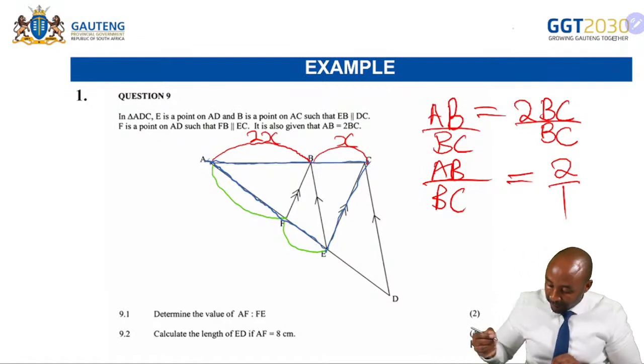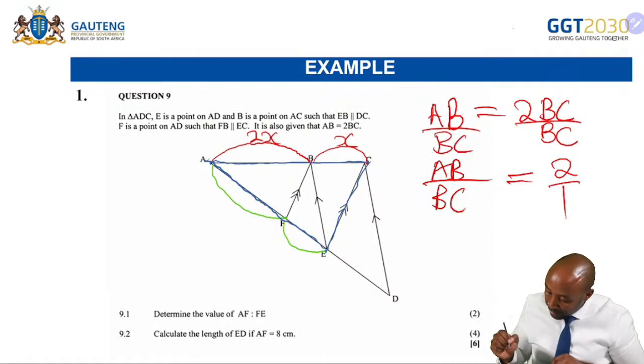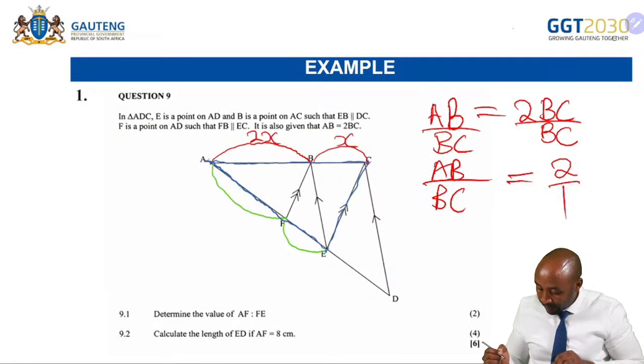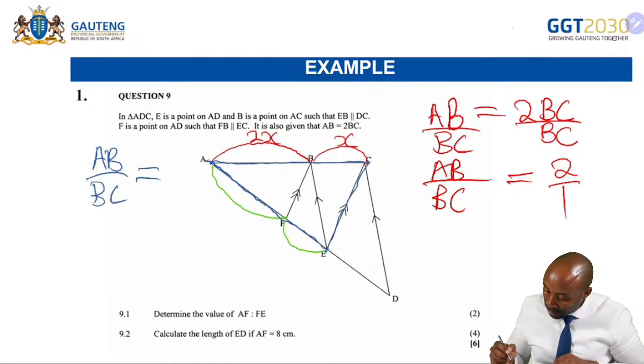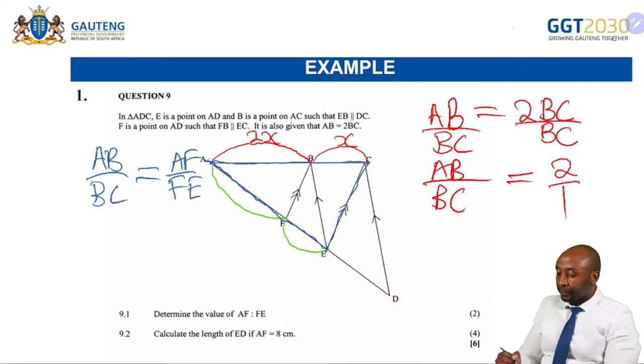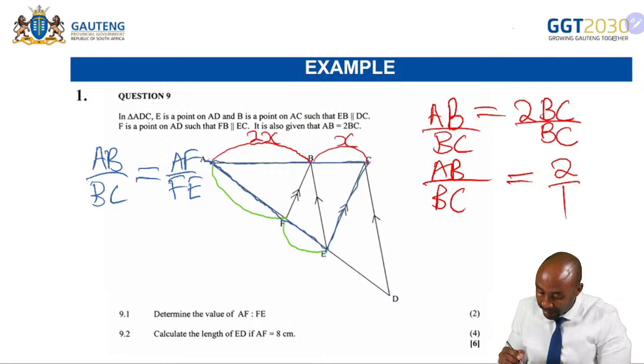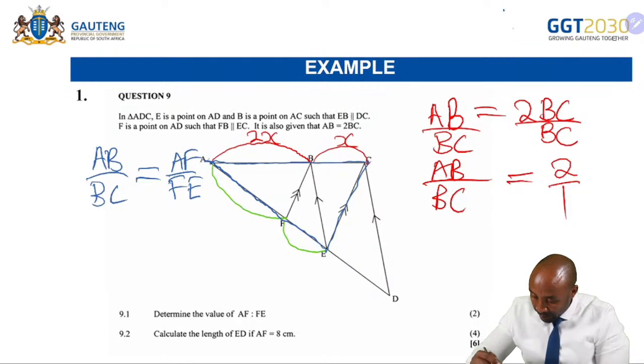To write down my formal solution, I will have AB over BC equal to AF over FE. Remember, my reason has to be stated.